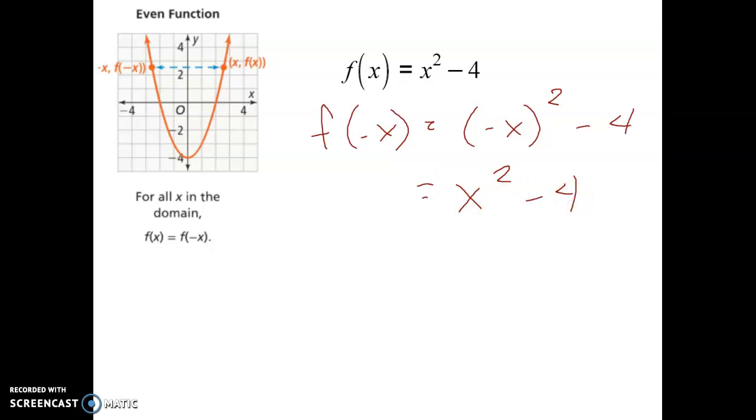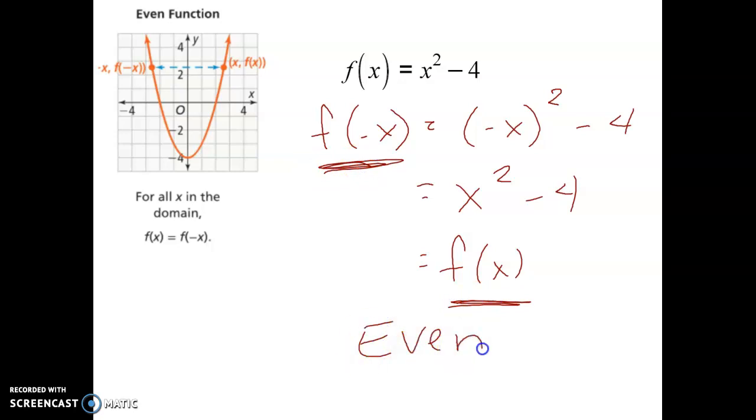So I get x squared minus 4, which is exactly the same as what I started off with. So because f of negative x and f of x are exactly the same, then I can say this function is even. It doesn't matter if I can see the graph or not. I can determine that the function is even based on the equation that I have there.